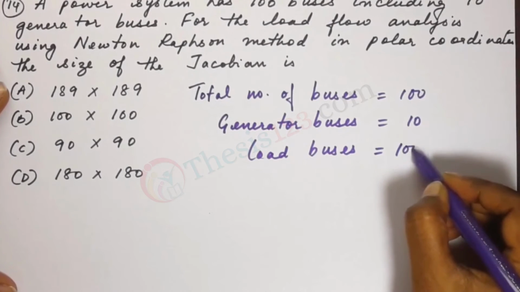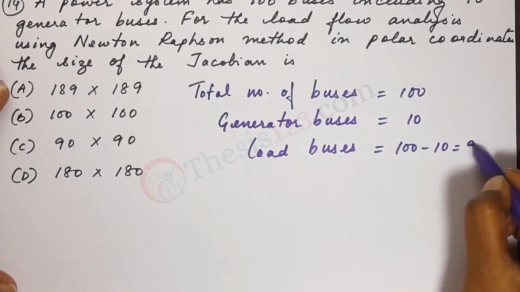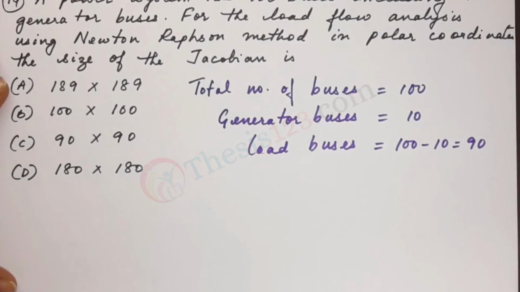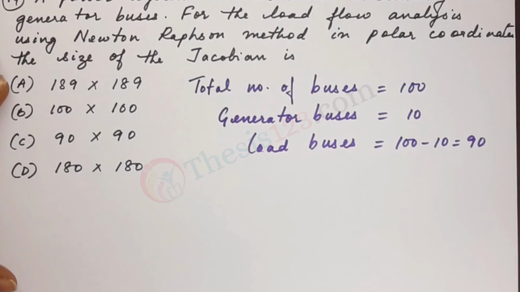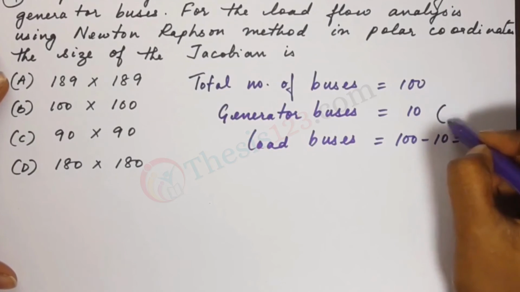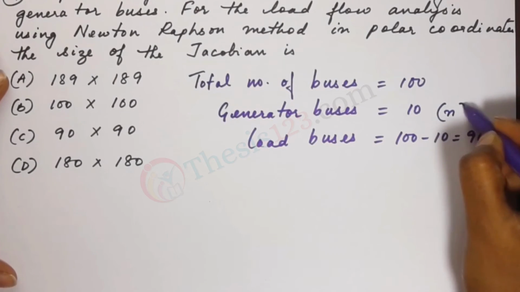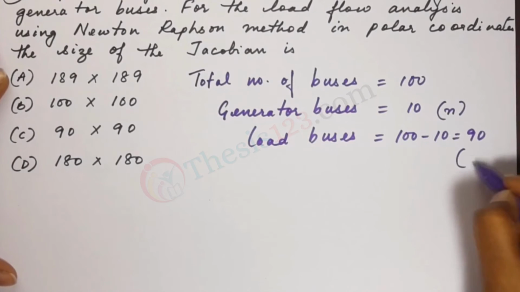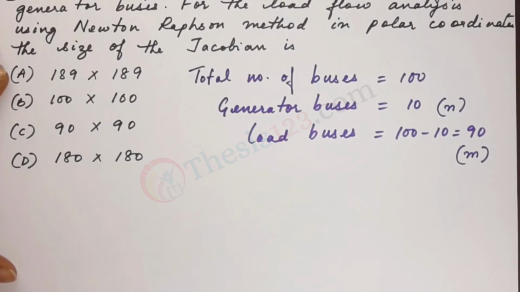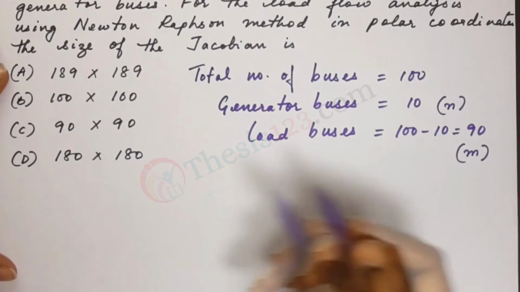Load buses would be 100 minus 10, which is 90. Now, since we are finding out the Jacobian, we'll denote the generator buses as N and the load buses as M. Okay, so we have notations given to generator and load bus.